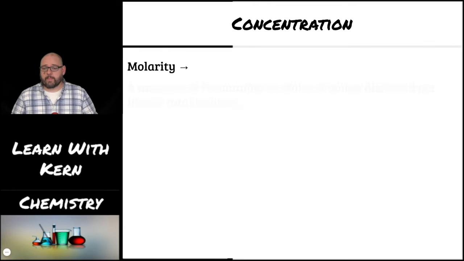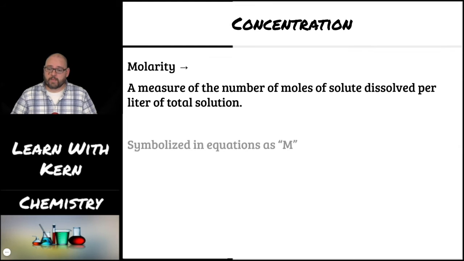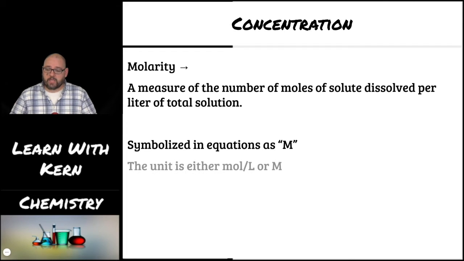So molarity, by definition, is a measure of the number of moles of solute dissolved per liter of total solution. That's very important. It is specifically the moles of your solute dissolved per liter of solution. Molarity is symbolized in our equations with a capital M. The unit for molarity is either moles per liter or a capital M again.